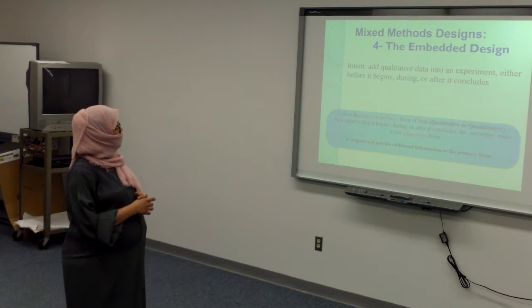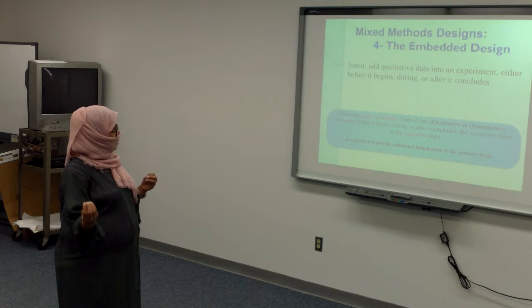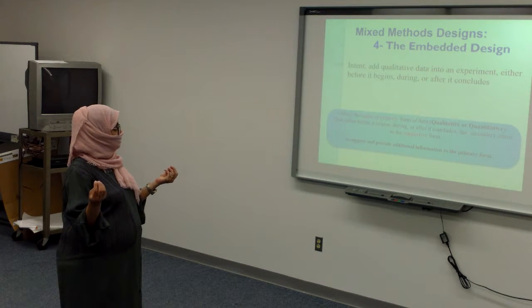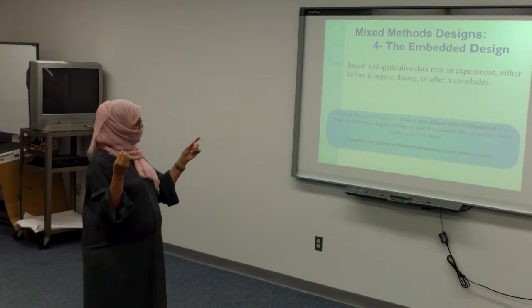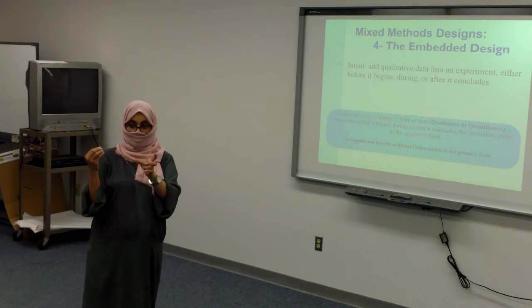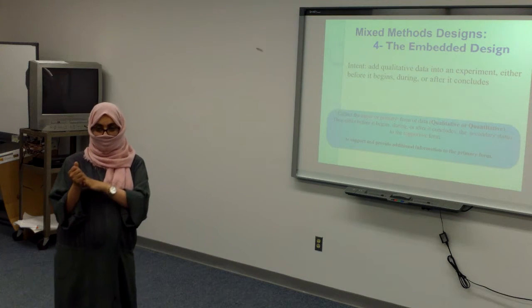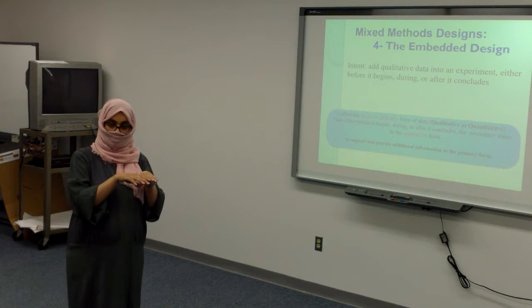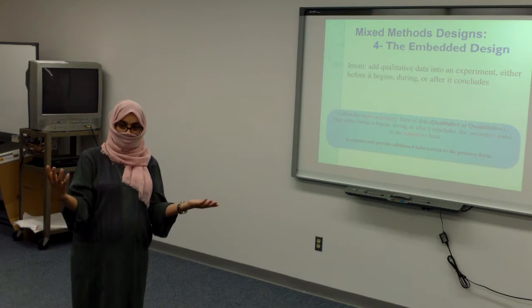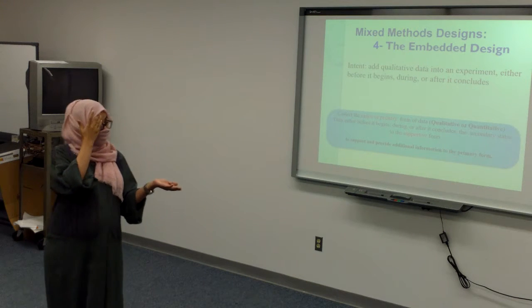So the embedded design adds qualitative data into an experiment before, during, or after conducting it. So the first one collects them together. The second one, quantitative first, then the qualitative. The third one, qualitative first, then the quantitative.